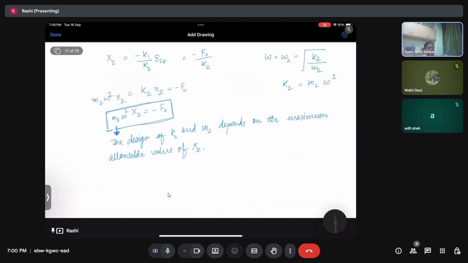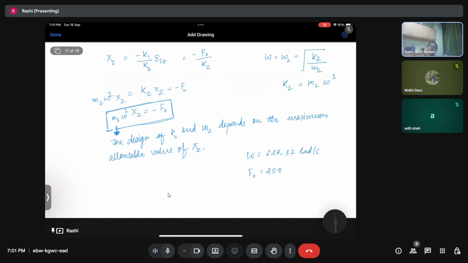Now look over here. We have this equation M2 omega square x2 is equal to minus F naught. Omega we know is 628.32 radians per second. F naught we know is 250. We need to find the value of M2.